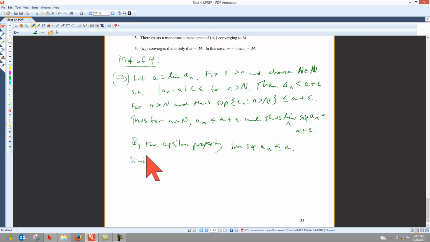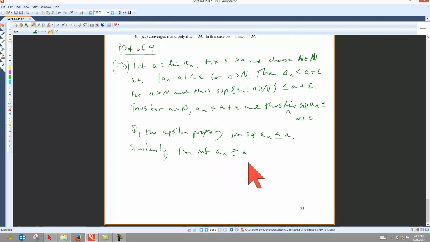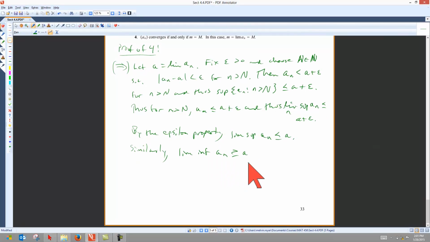So similarly, the lim inf of the a sub n's is greater than or equal to a. And therefore what we have shown is that the limit superior of the a_n is less than or equal to a, which is less than or equal to the limit inferior of the a_n.